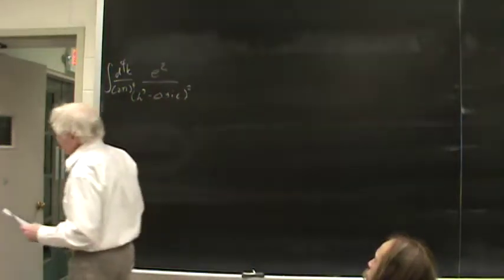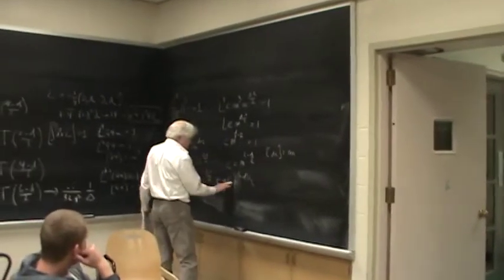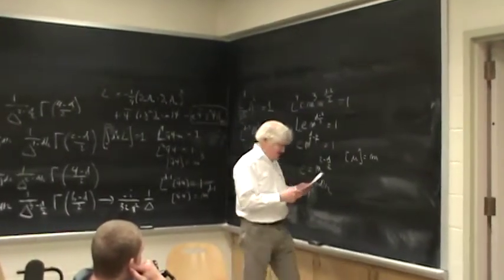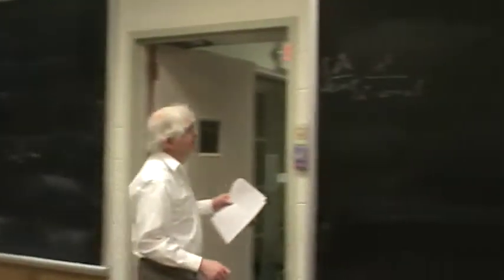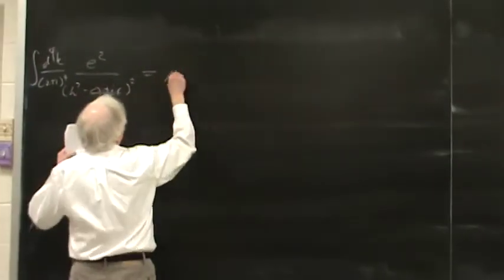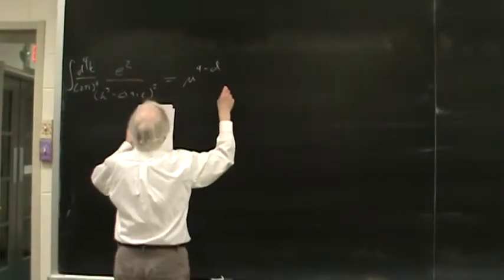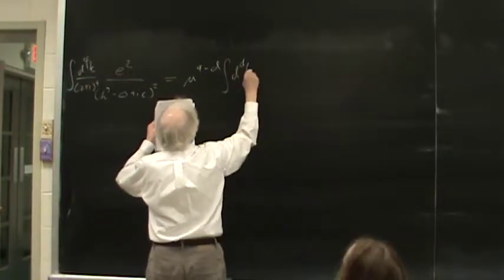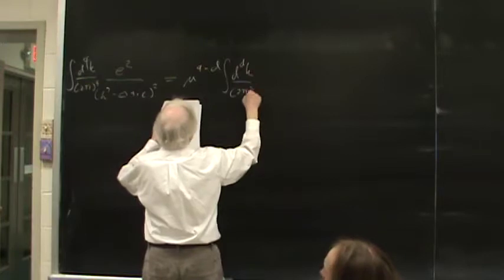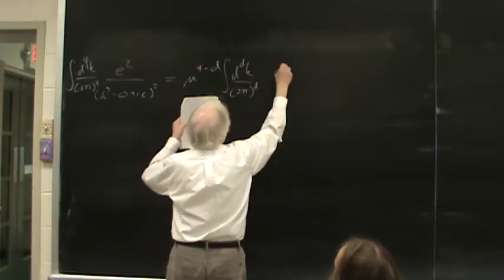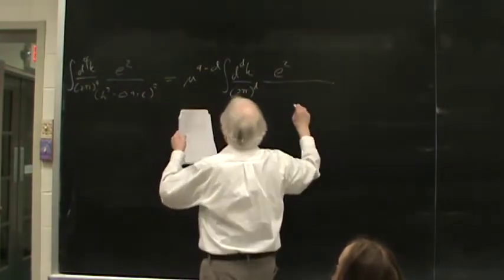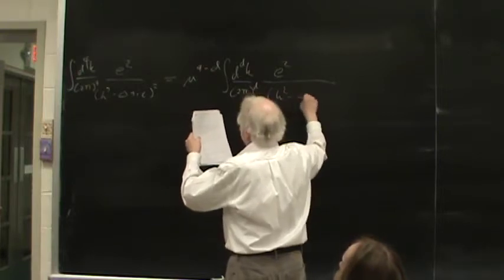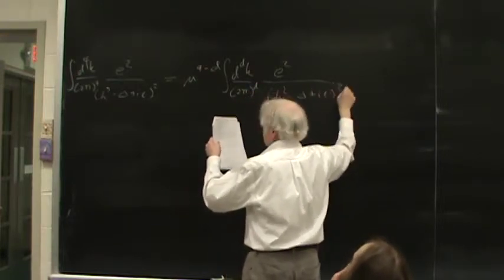Well, we're replacing e squared by e squared mu to the 4 minus d. So this is going to be then mu to the 4 minus d integral dd of k over 2 pi to the d e squared dimensionless over k squared minus delta plus I epsilon squared.